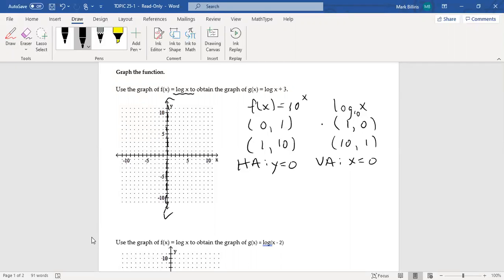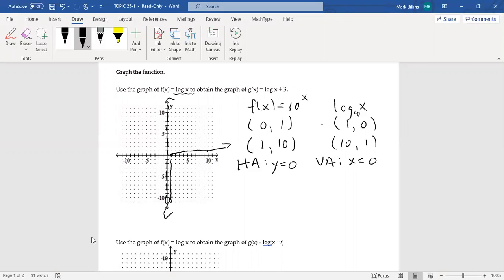It will go through the point (1, 0), and will also go through the point (10, 1). So we know the shape of our graph, and we know some of the important values that the graph passes through. Again, the graph approaches our y-axis as the y values get smaller, but doesn't touch it. And as we move further right, the graph gets bigger and bigger.